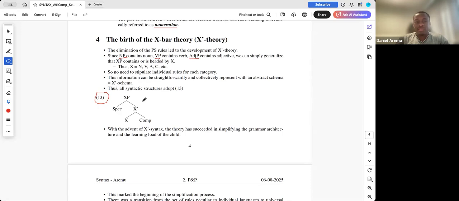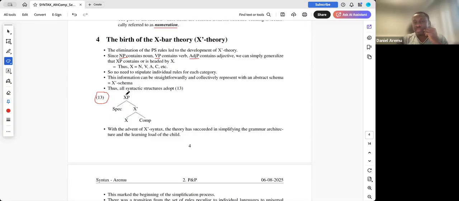And then 13 is like the schema, where the assumption is that every phrase, now I'm using phrase as a cover term, take note. I'm not using phrase just the way we use phrase and then sentence. I'm using phrase as a cover term for any construction. Even a sentence in this approach or in this module is assumed to be a phrase.